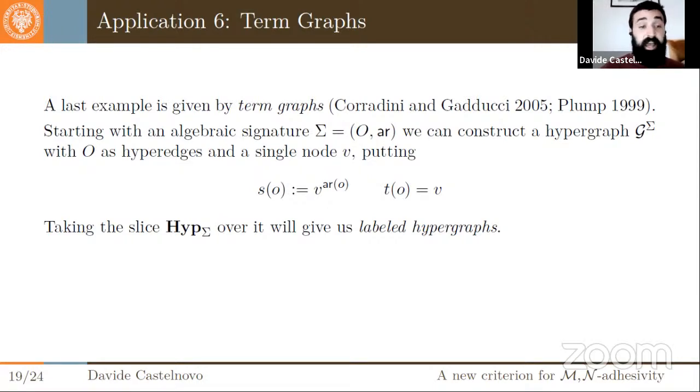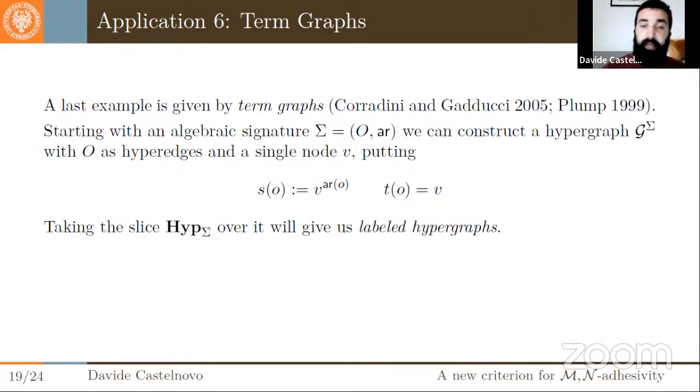Then we can take the slice Hyp Sigma over this graph G Sigma, and these are simply labeled hypergraphs, because giving a morphism from a hypergraph to G Sigma is simply giving a morphism between the set of hyperedges and the set of operations respecting the arities.